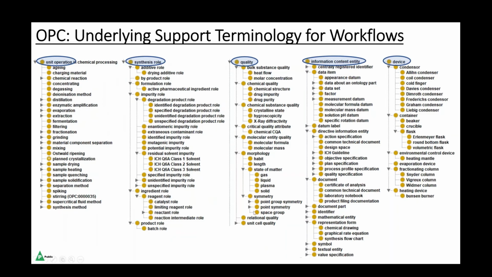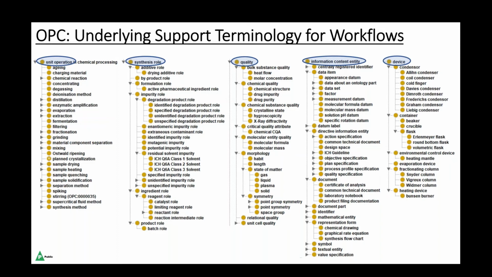Yes, thank you, Wes. So this slide shows some sense of how OPC is organized. So OPC includes many branches of terms, and they are all aligned very well together. So here, for example, we have unit operation, synthesis role, quality, information content entity, and the device. Not all terms are OPC specific.